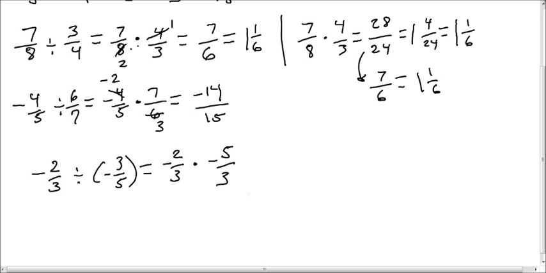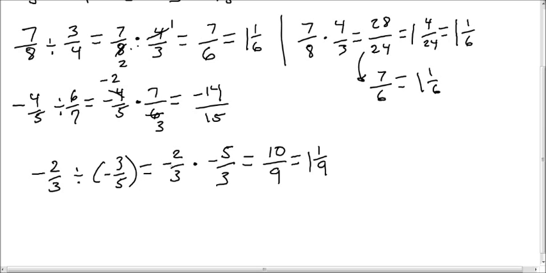There doesn't seem to be much we can do as far as cross division, so we'll just multiply straight across. A negative 2 times a negative 5 will give us a positive 10, and of course 3 times 3 will give us 9, and this can be reduced to 1 and 1/9. So again, we have negative 2/3 divided by negative 3 over 5.